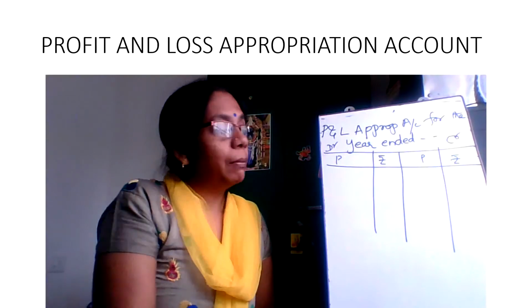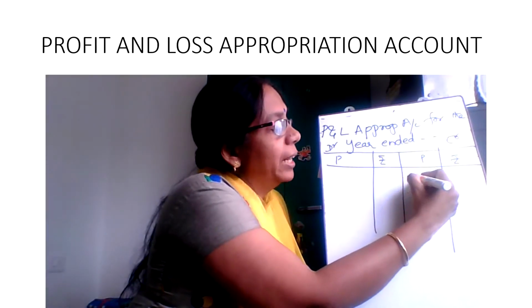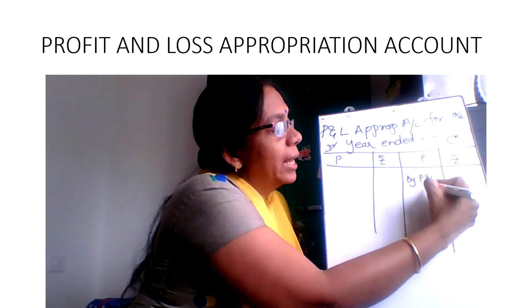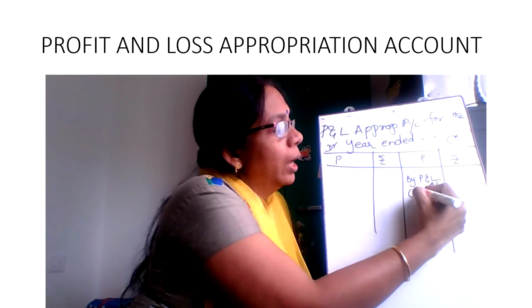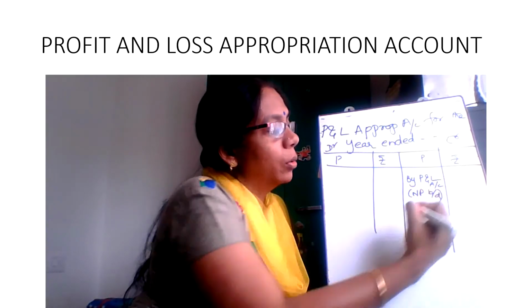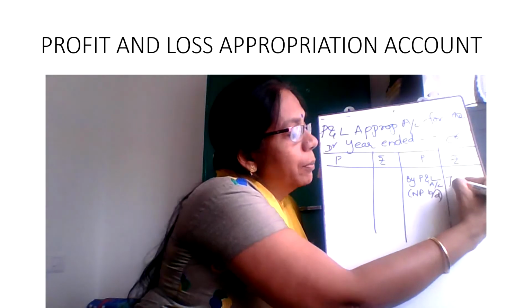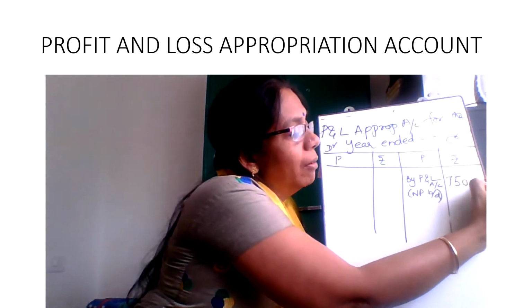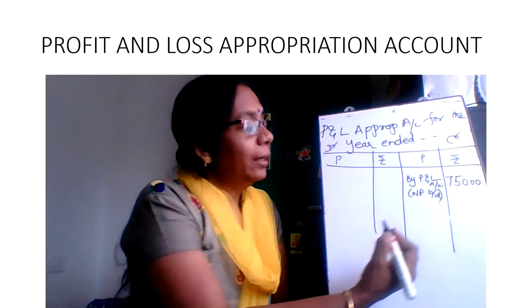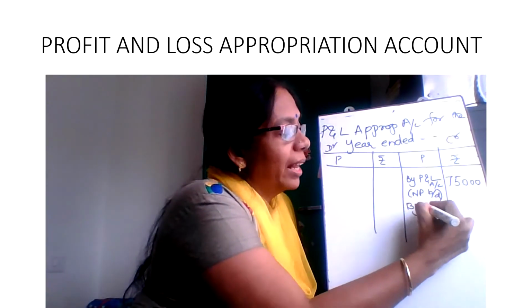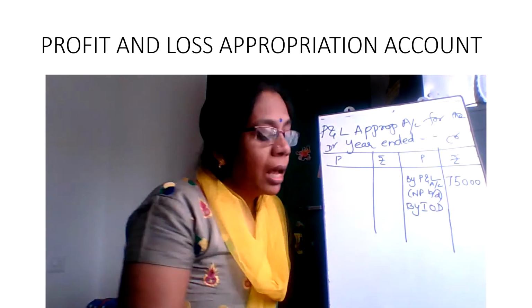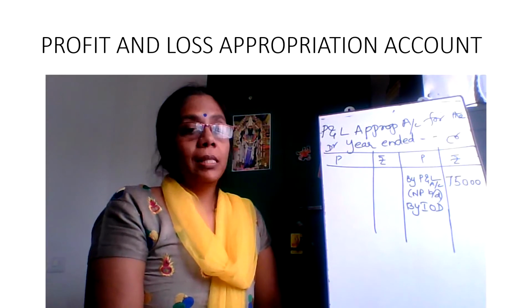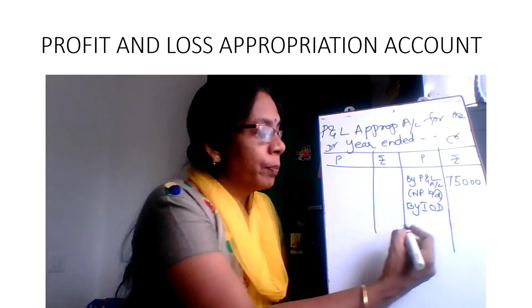Now if you take a simple example of net profit, so you will call it as by P&L account net profit brought down. Let us imagine the net profit to be 75,000. Interest on drawings. I am taking just imaginary figures. In the question, there might be some computations also.